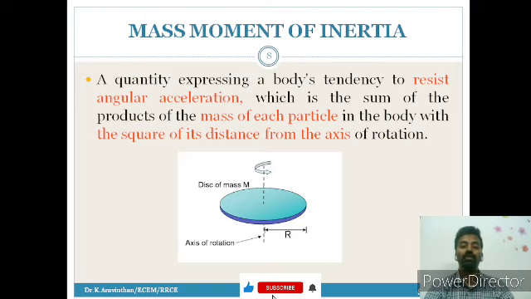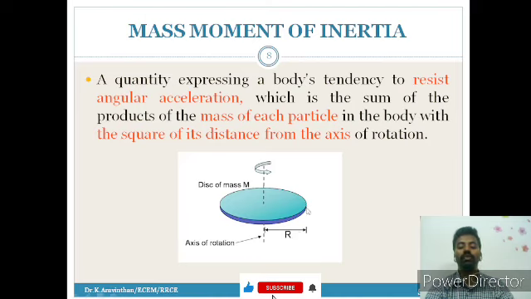If you want area moment of inertia, instead of mass you have to consider the area of the disk. This is a circle, and you know the formula for finding the area of a circle, that is pi r square. You have a radius here, so pi r square, that is area, into distance square. So what is the distance? Distance is r here.